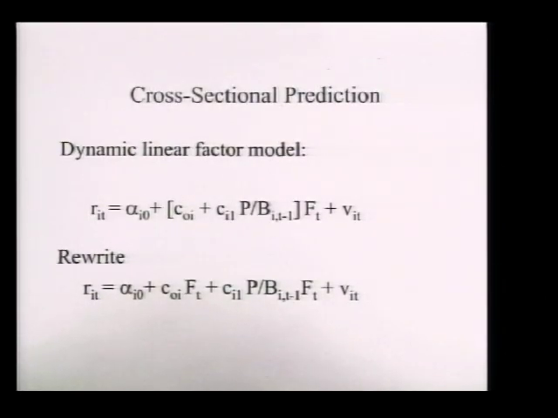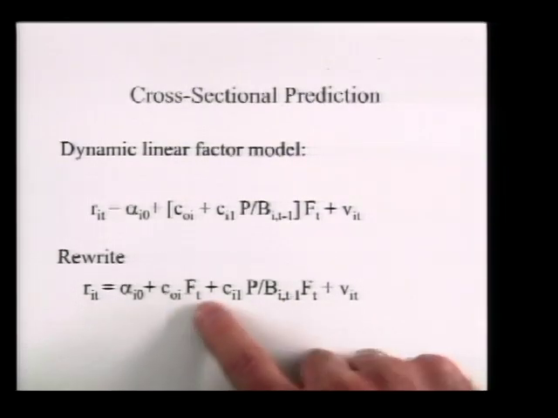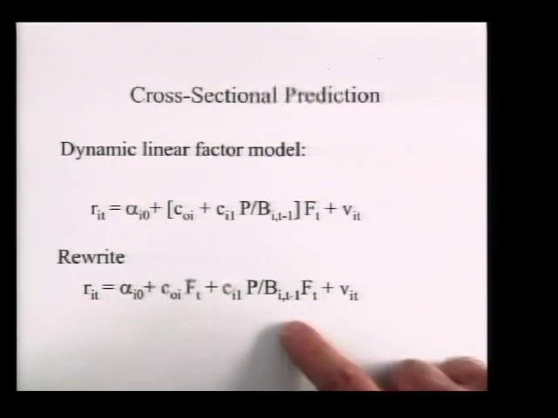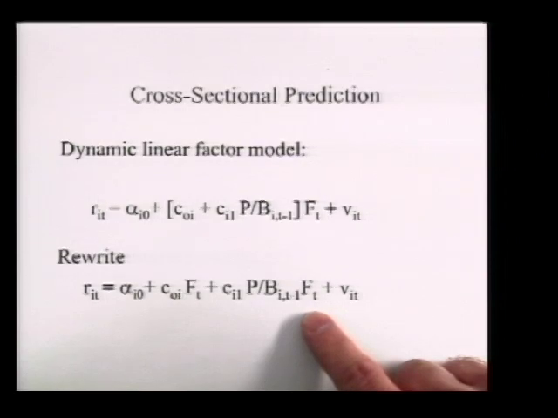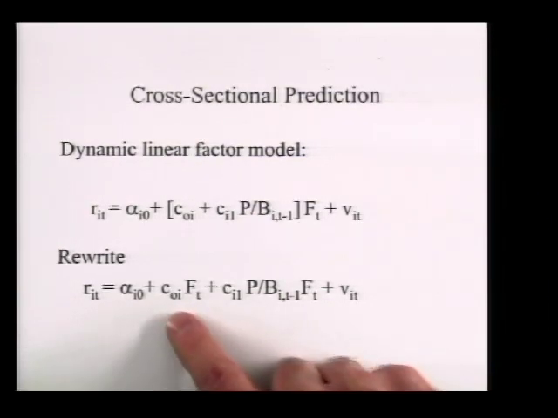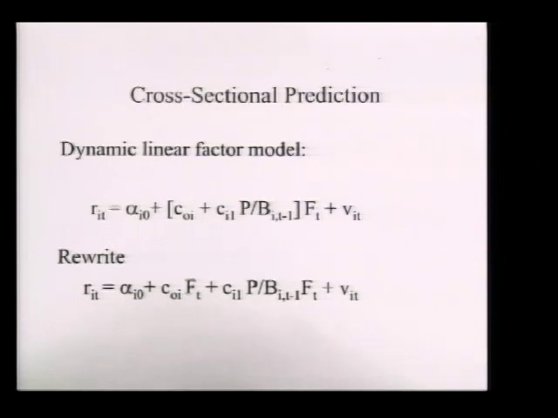And this is exactly what we did last time. We're regressing on the market, and then the market interacted with the lagged price to book. Here we get two betas, the C0 and the C1. This is a time series regression for an individual firm.